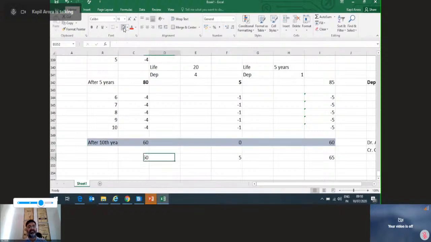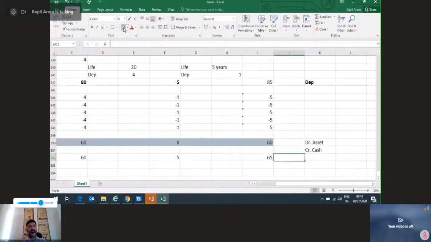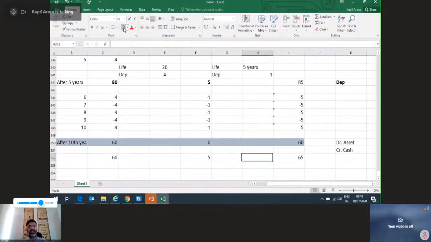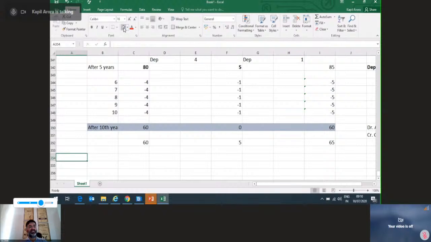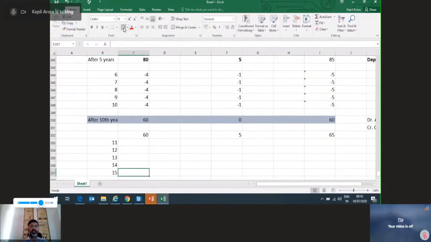And we have then spent another 5 crore. By spending 5 crore, my asset value will become 65. So what was the entry? Credit cash. Now, what would be the depreciation for year 11, 12, 13, 14 and 15?